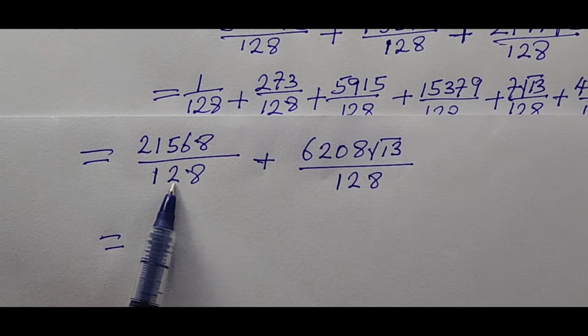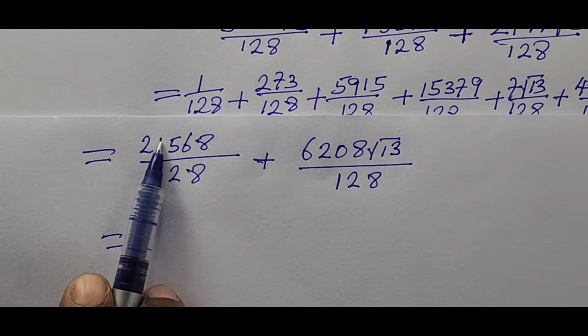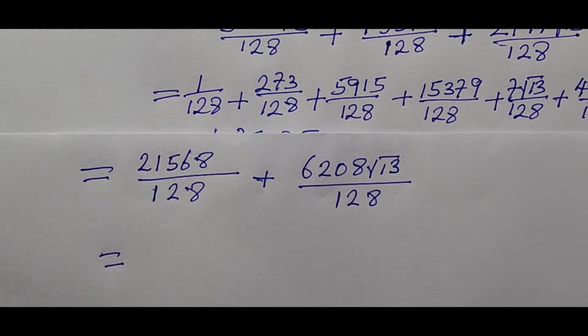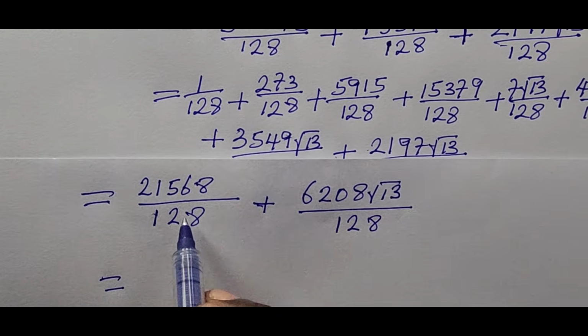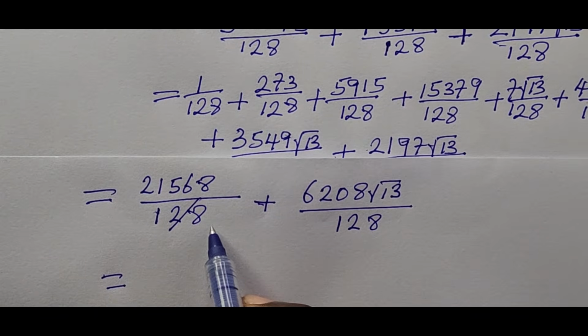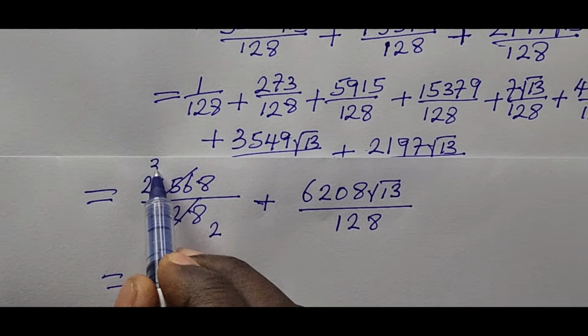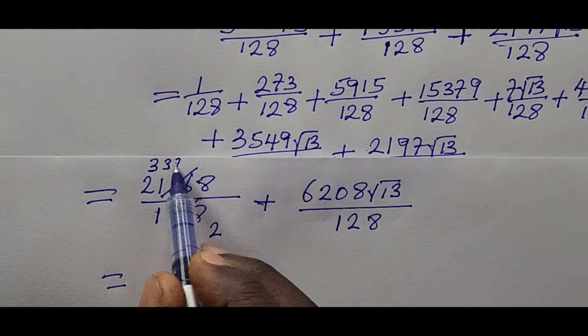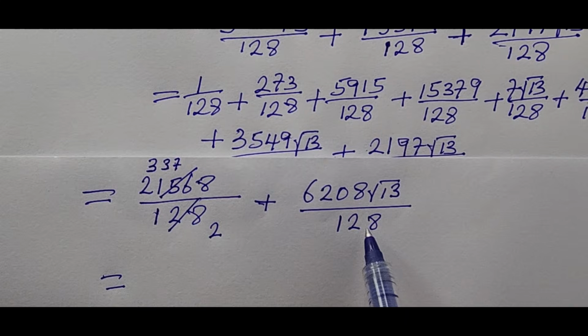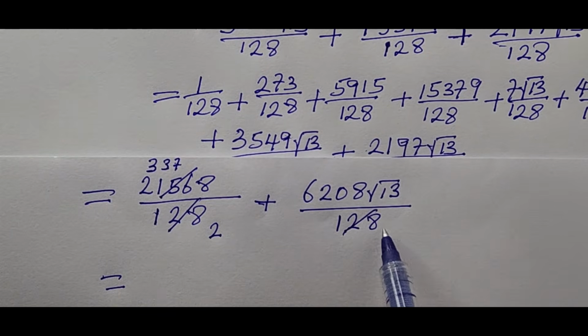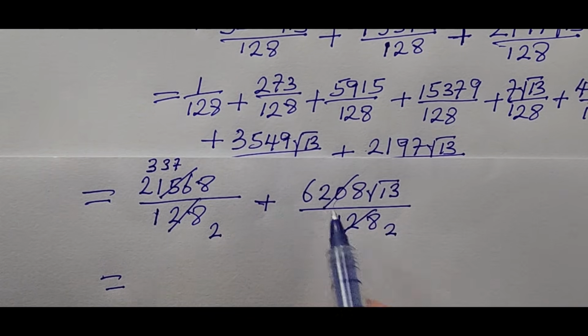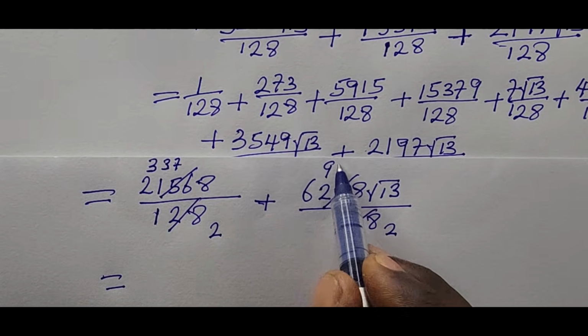We discovered that 64 can divide this and 64 can equally divide this. If we use 64 to divide this, we're going to have 2 here, and 64 here is going to give us 337. Then again, we can equally use 64 to divide this. 64 here will give us 2, and 64 here, we discover we have 97.